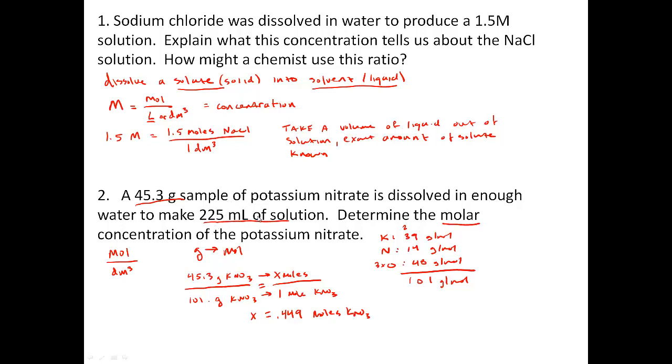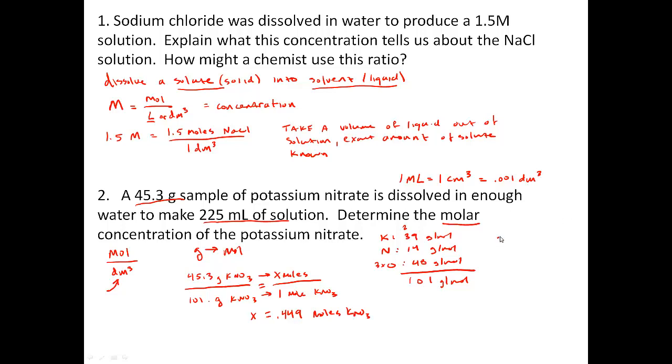225 milliliters. Well, we're trying to get our molar concentration in terms of decimeters cubed. So how does milliliters relate to decimeters cubed? Well, remember, a milliliter is equal to 1 centimeter cubed, all right? And 1 centimeter cubed is equal to 0.001 decimeters cubed.